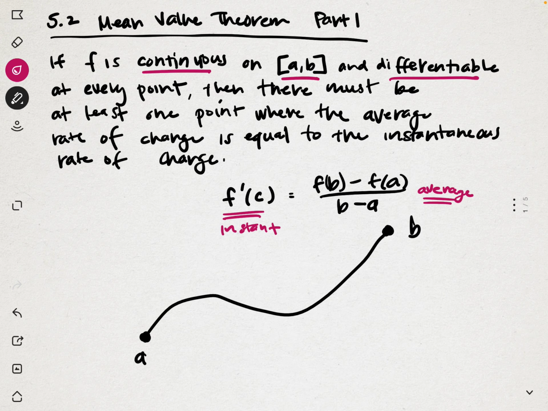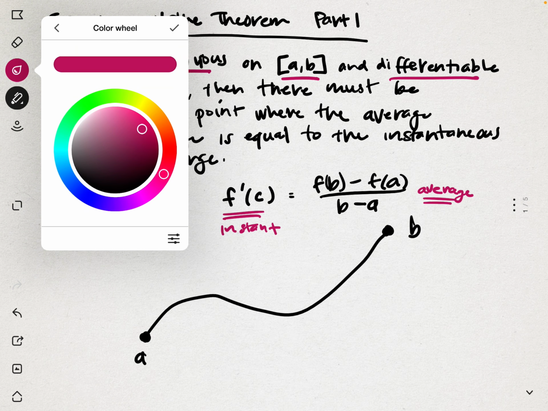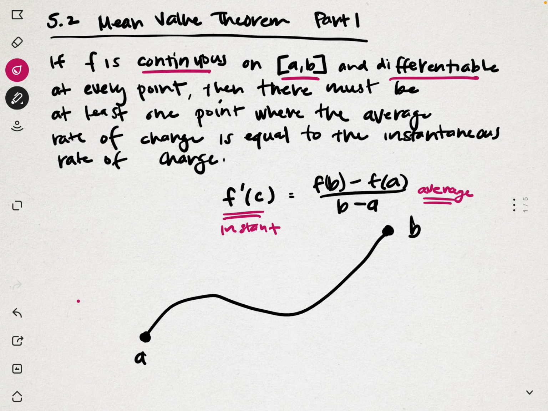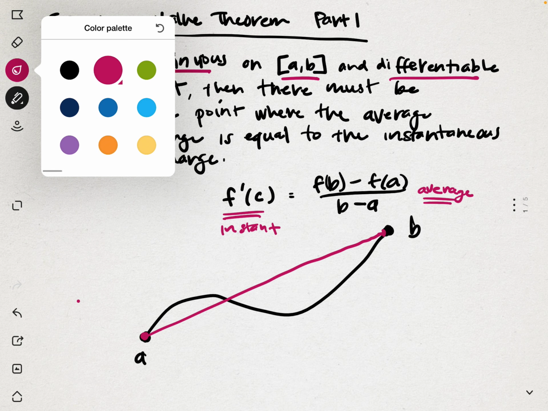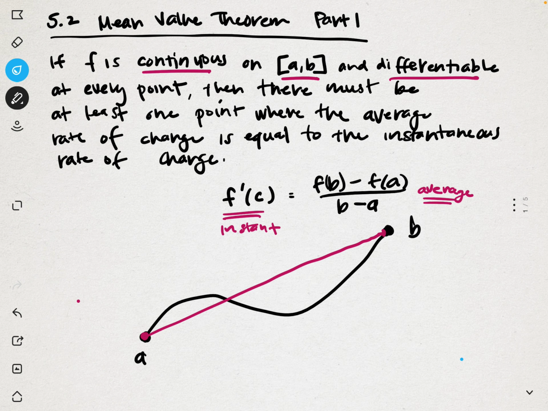So we're looking at this function f from a to b. If we draw a line connecting a to b, that represents the average slope. What they're saying is that at some point on this graph, there's got to be a tangent line with that same slope.